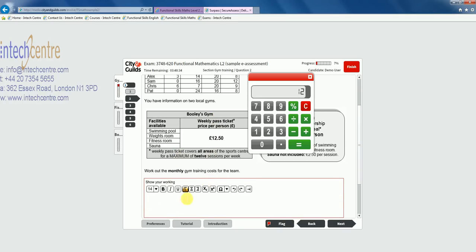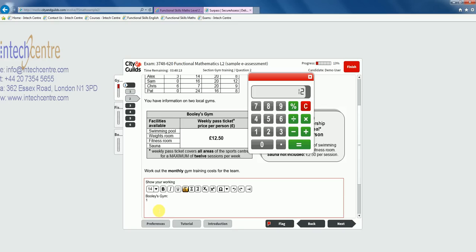So the monthly gym training cost of the team. £12.50 is the weekly pass ticket price per person. Here I would write Booley's Gym. It's £12.50 per person per week.